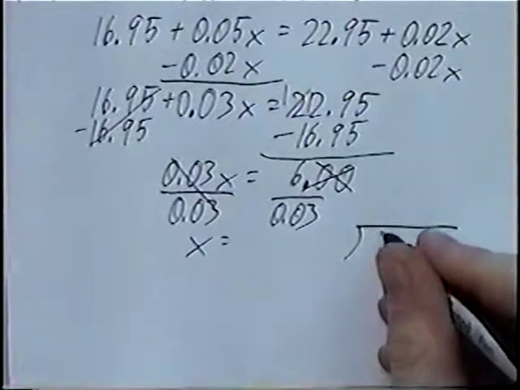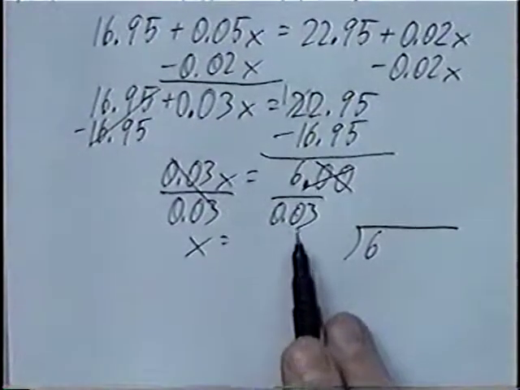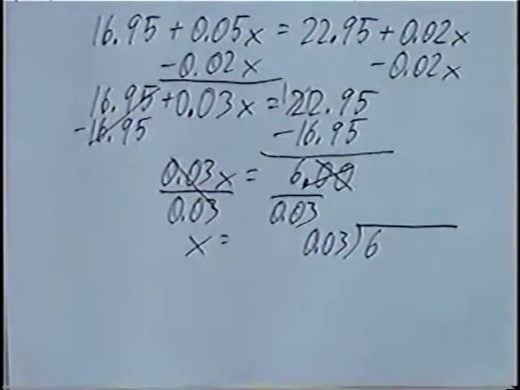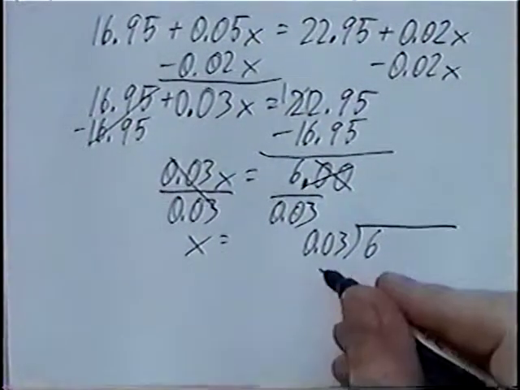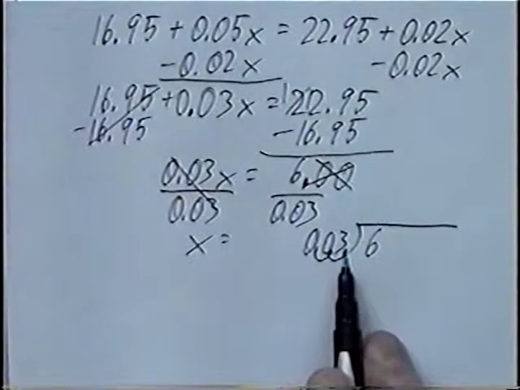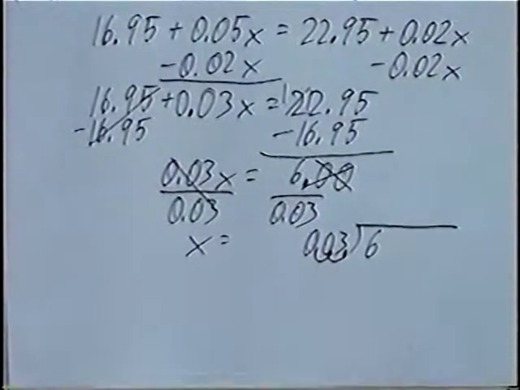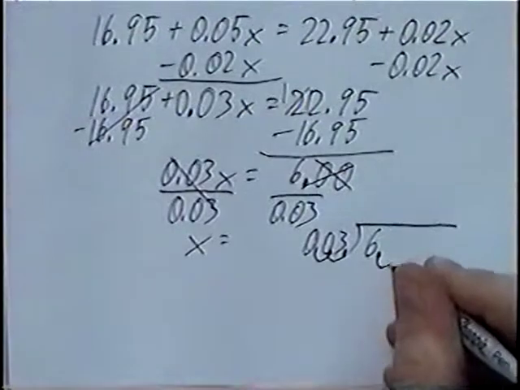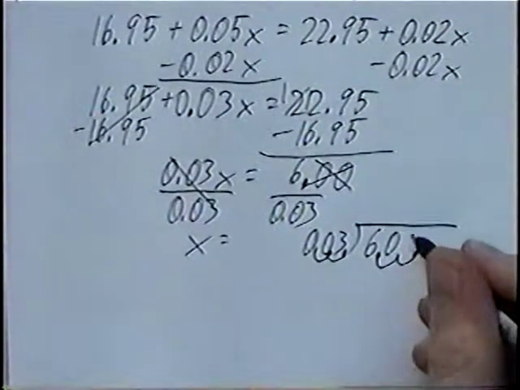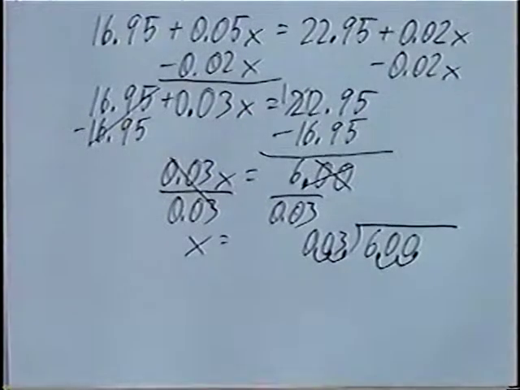The 6 again would go inside. 0.03 is the number we're dividing by. This time we'll move the decimal 2 times, so it goes on the right side of the 3. If we move the decimal 2 times on the outside, the decimal also goes twice on the inside, and we can fill in zeros for a placeholder.